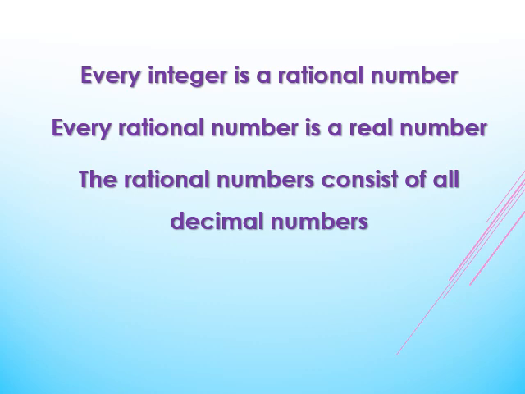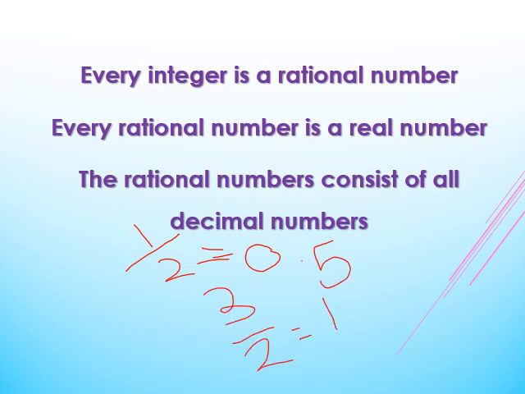Rational numbers consist of all decimal numbers, because we can write any such number as a fraction. For example, 1 over 2 we can write as the decimal number 0.5, or 3 over 2 we can write as 1.5. So we can say that a rational number is a decimal number.